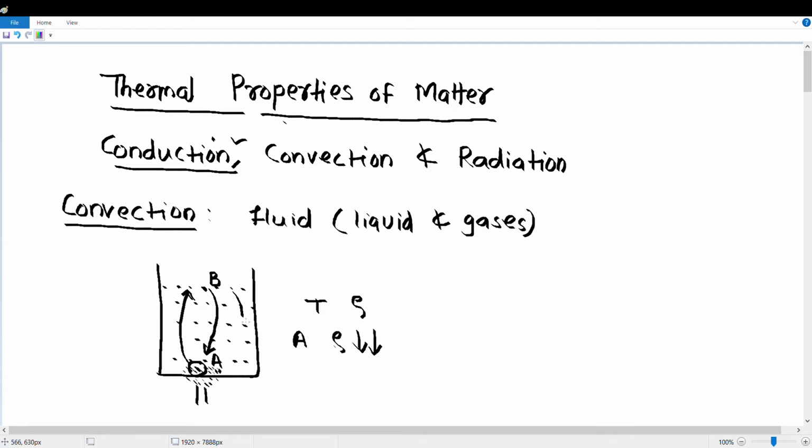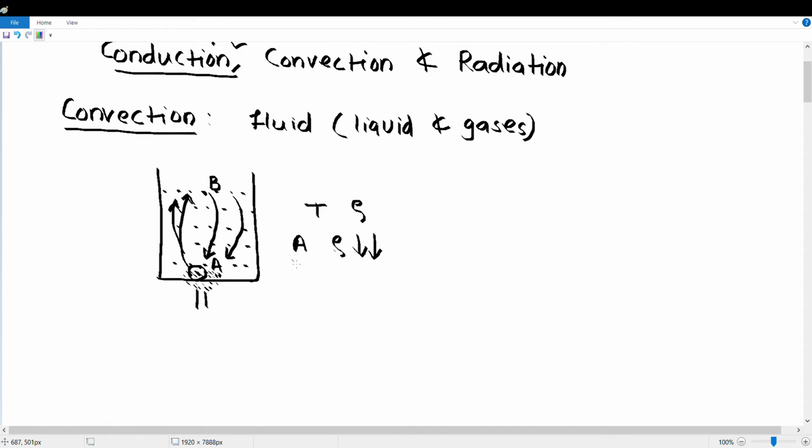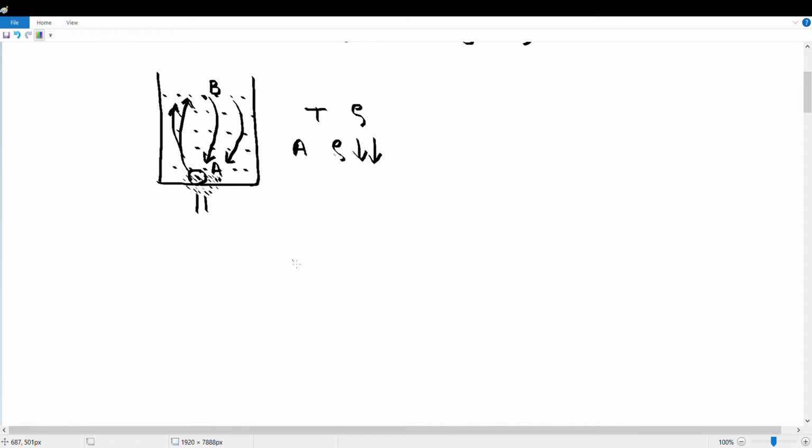This process of moving water molecules in the pot occurs continuously, and the movement of water in this pot is known as the convection current. Due to this convection current, the temperature of the water in the pot increases.